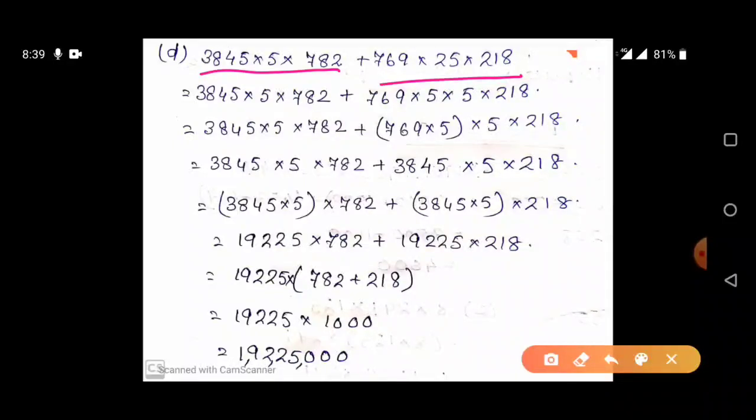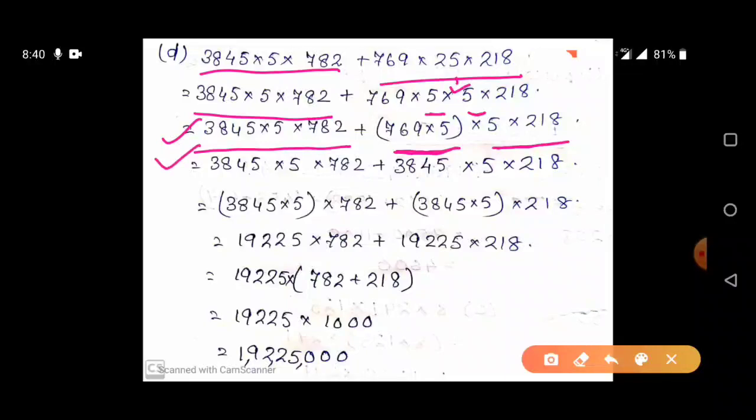How will we do it? We will keep this like this only and we will break this 25. We will write 5 into 5. After that, in the next step we will keep this same and we will combine this 769 into 5 inside a bracket, and the remaining numbers we will write in this way.